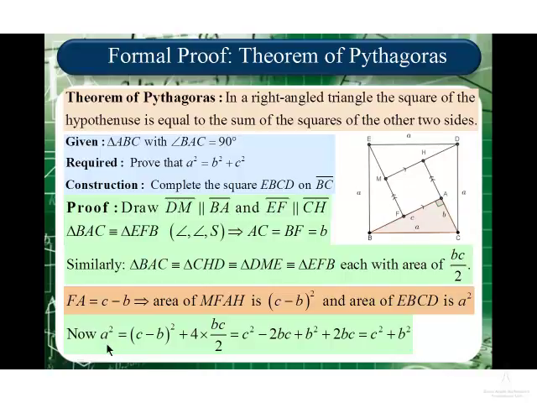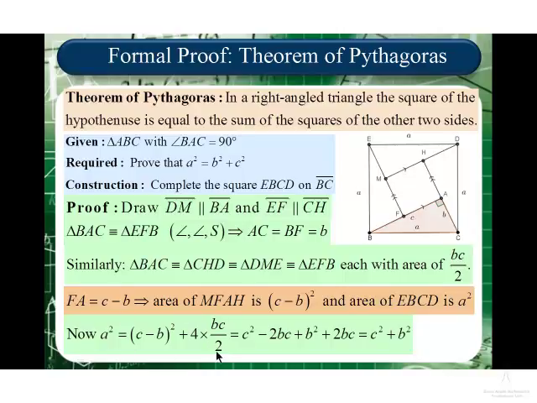Putting this together, we see that the area of the big square, small a squared, is equal to the area of the square in the middle, that is MFAH, plus 4 times the area of these congruent right triangles that we have indicated or shown before.